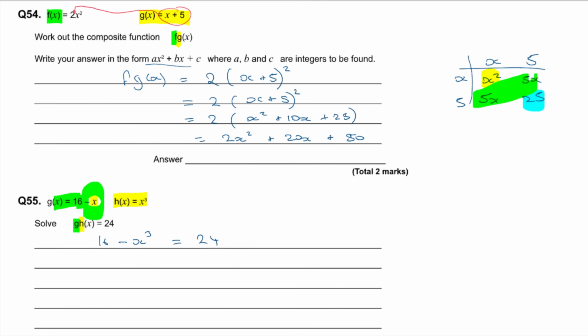Okay, so rearranging that, let's move the x cubed over to the other side, make it positive, and let's move this 24 over here to make it negative. So that's going to give me 16 minus 24 is equal to x cubed. So 16 minus 24 is minus 8. So minus 8 is equal to x cubed. So then x is going to be the cube root of negative 8, which is negative 2, isn't it? So x is negative 2.